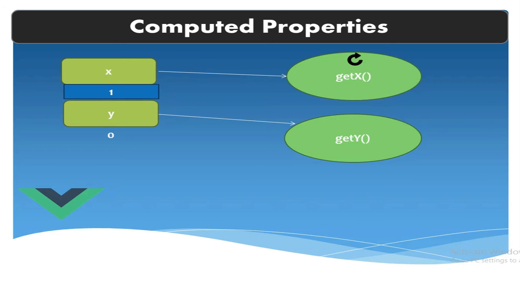And whenever we change the value of y to 1, then only the getY computed property will rerun. So basically a computed property will rerun only when the source property changes. In this case we have the getX computed property, and the source property here is x. So whenever the value of x changes, this getX will rerun, and similarly with getY. Okay, so that was the computed property.